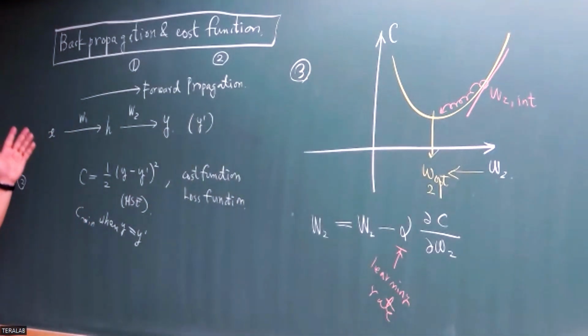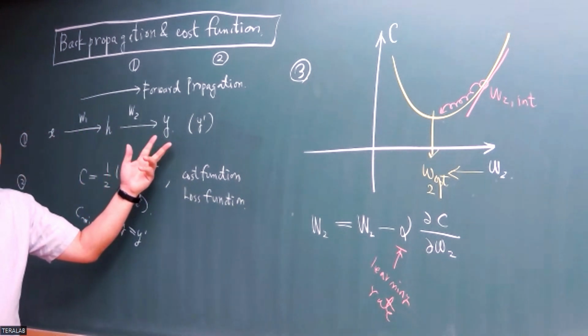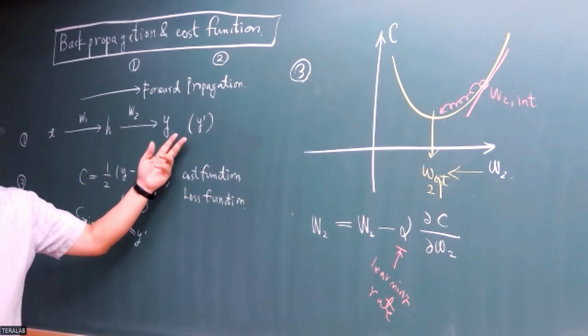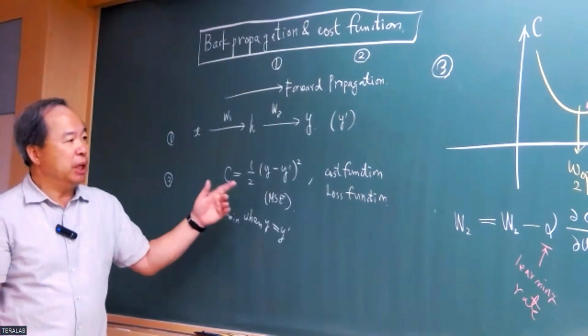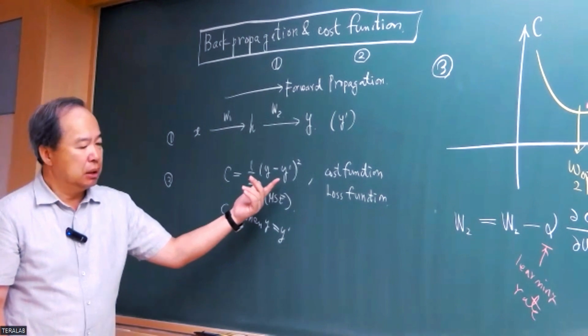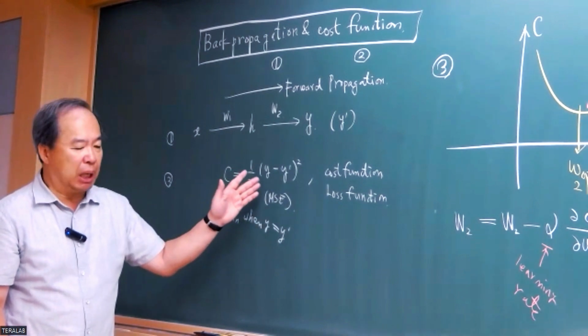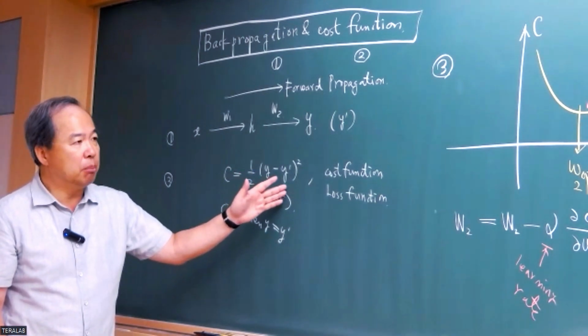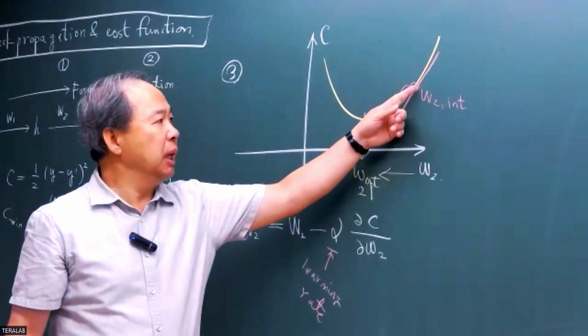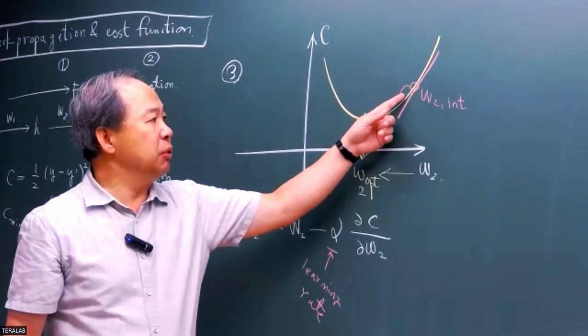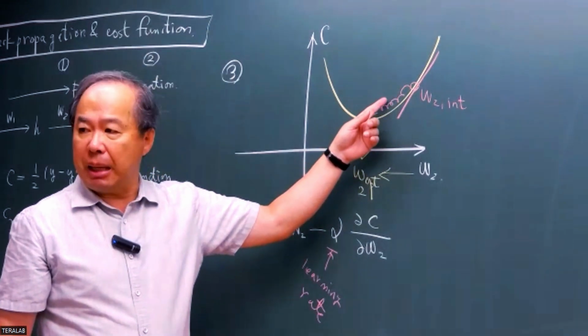Now let's go back to the forward propagation. If we have an input vector, we eventually obtain output. By comparing with the real data, we can define the cost function. If we have certain differences between our output and the real number, we have to calculate the slope of this function, and we have to decrease the W step by step.